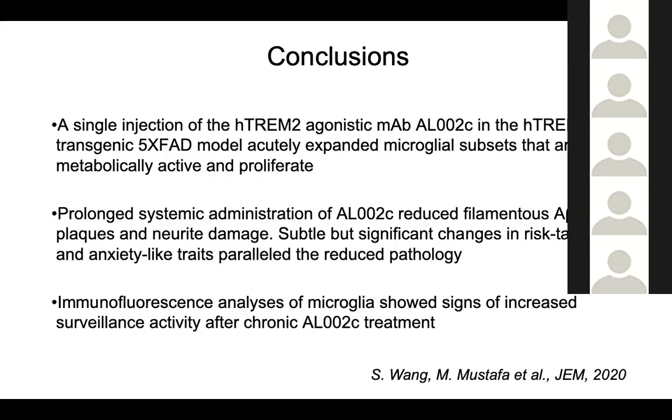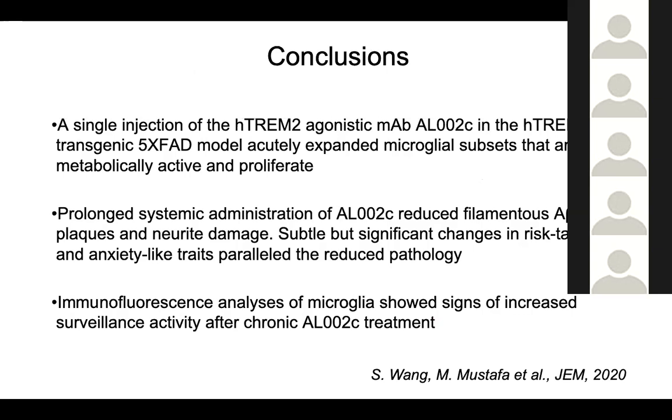So to summarize what I showed here, a single injection of the human TREM2 agonist antibody AL002C in the human TREM2 transgenic 5XFAD mouse model acutely expanded microglia subsets that are metabolically active and proliferate.